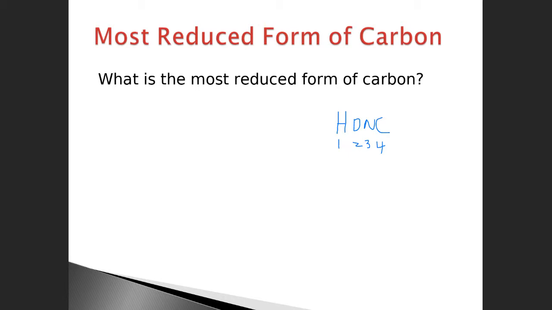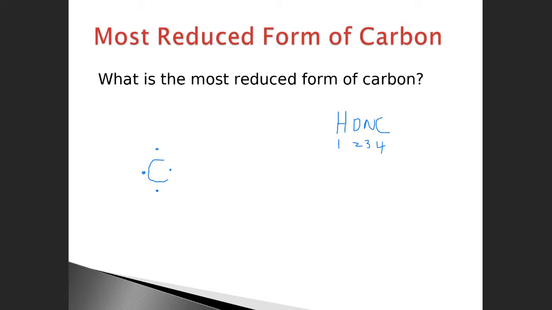So if I draw a carbon and I put its valence, what's the valence of carbon? 4. And when you reduce something, what are you gaining? An electron. And what carries the electron? Hydrogen. Good. Like it a lot.